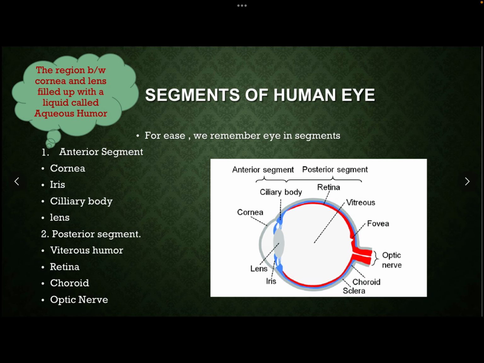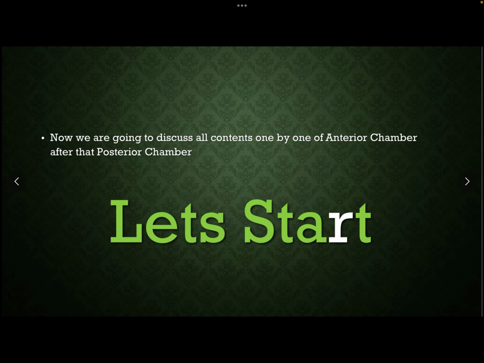And this space is filled with the vitreous humor. We'll talk about this later. Now we are going to discuss all the contents one by one, the anterior chamber first and after that the posterior chamber.